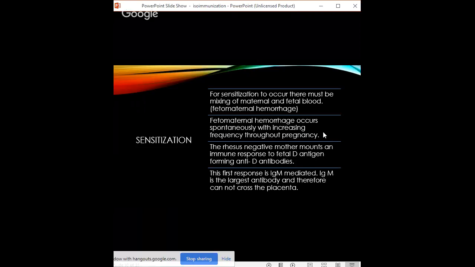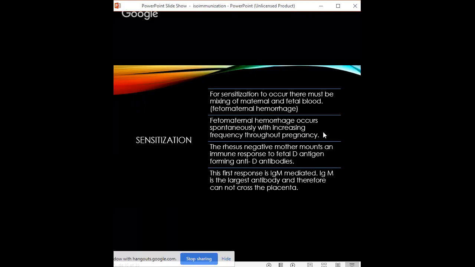The rhesus negative mother mounts an immune response to the fetal D antigen, forming D antibodies. The first response is an IgM mediated response. Since IgM is the largest antibody, the IgM molecule cannot pass across the placenta.